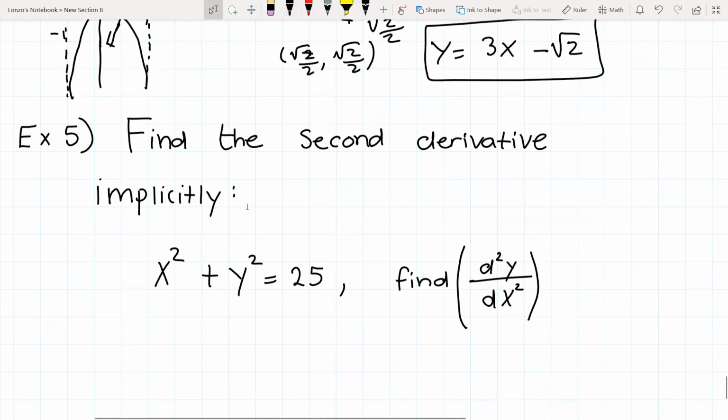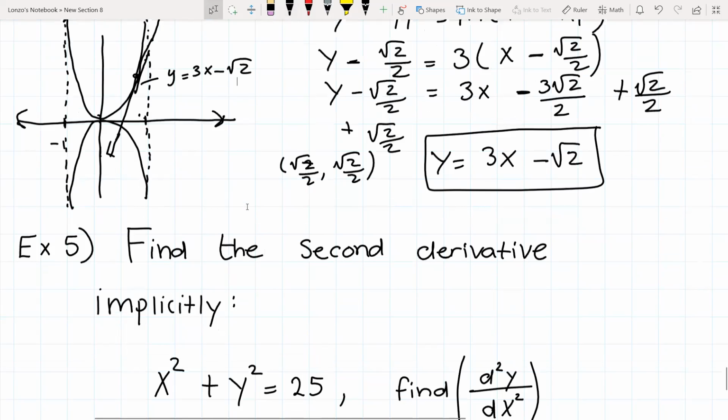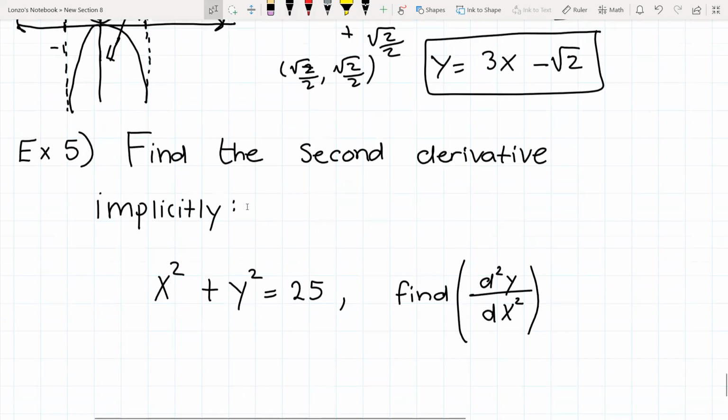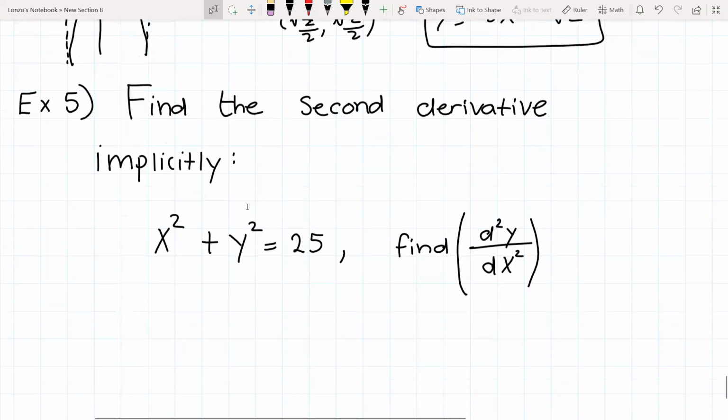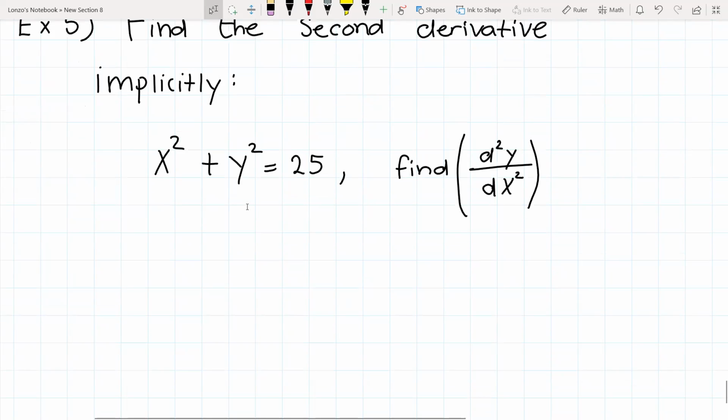Okay, and then I think the last one, find the second derivative implicitly. So it's pretty much like taking the second derivative, but this time we're going to do a little bit of substitution. So first, let's find the first derivative with respect to x.